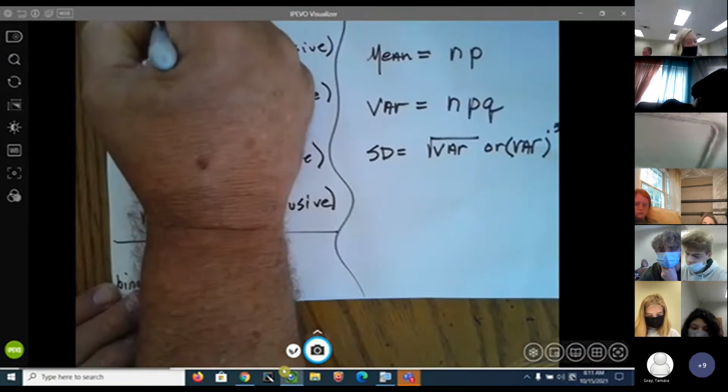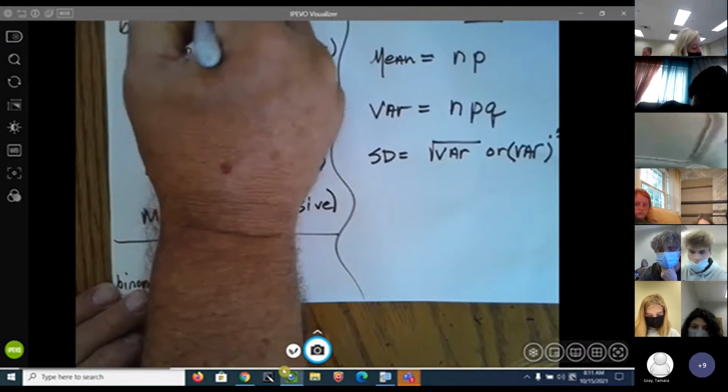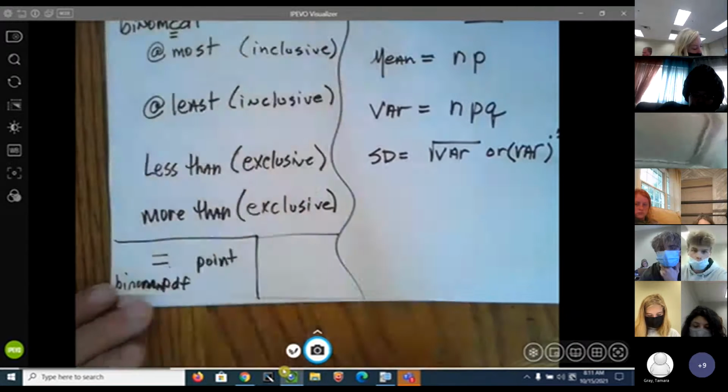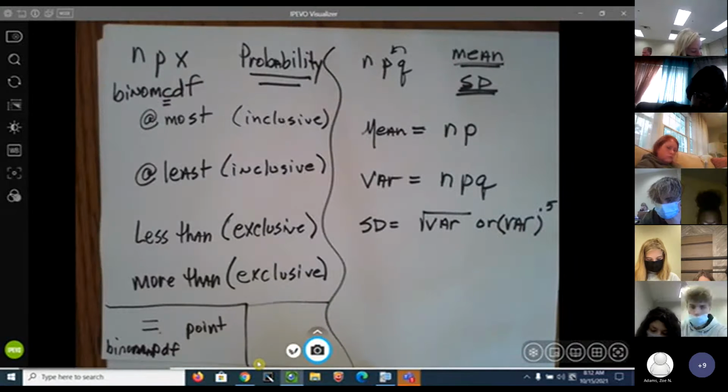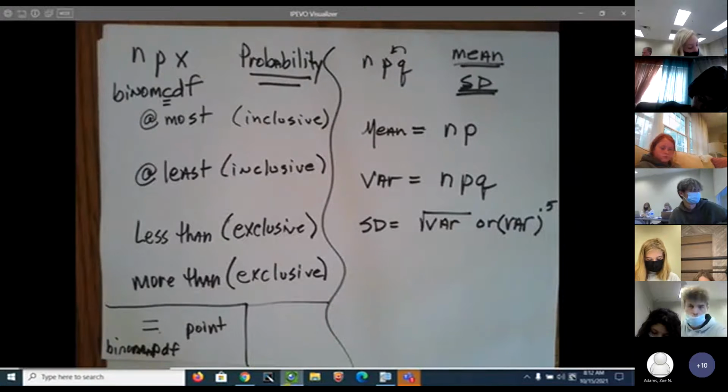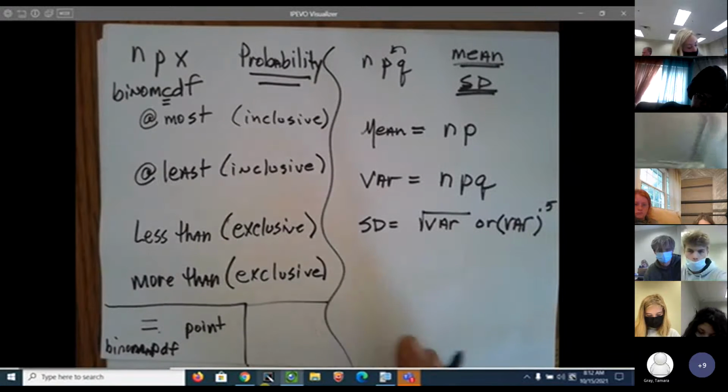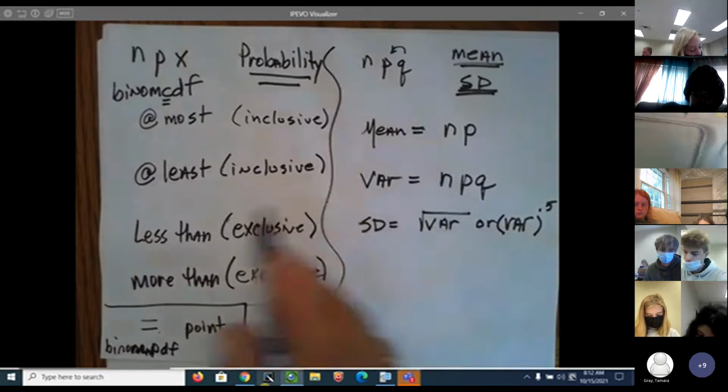Binomial CDF. CDF means cumulative, meaning that you're adding them up as you go. I'll show you an example here in just a second. So for 6.2, you got two sides.